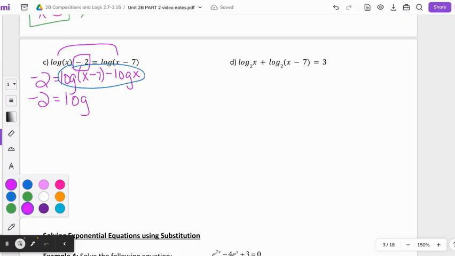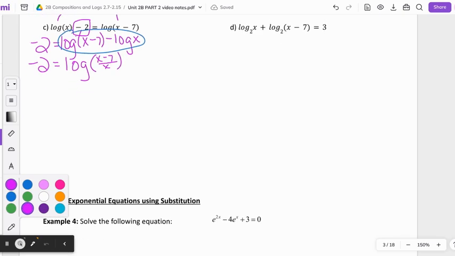So since it's 2 logs being subtracted, it'll be x minus 7 over x in there. Now, since we only have a single log, we're going to have to convert. Remember, the base of this log is 10, so I'll get 10 to the -2 equals x minus 7 over x. 10 to the -2 is really 1 over 100, because it's 1 over 10 squared.